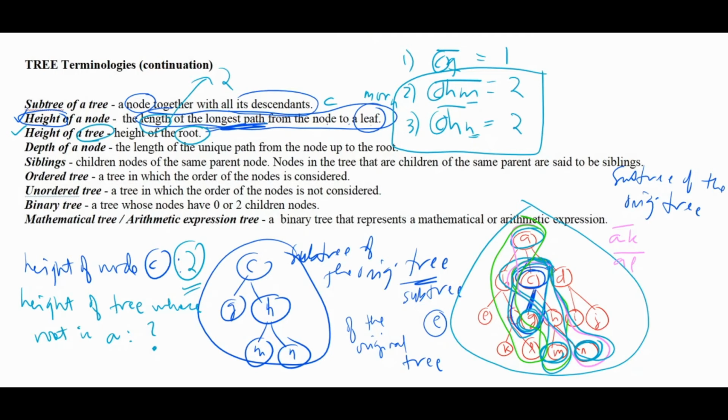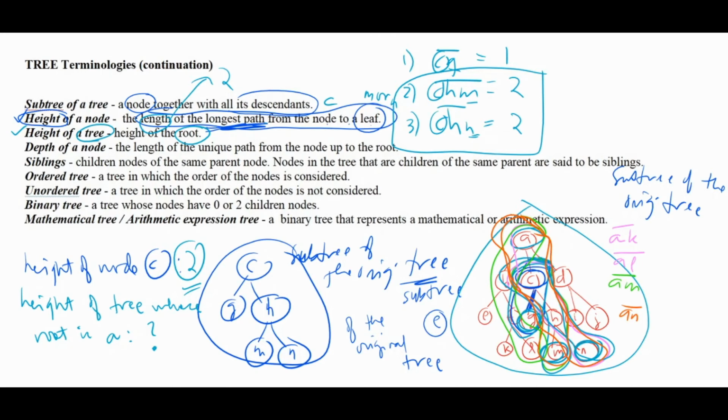And then A to M is from A to C to H to M. That's the path. And then the last one is A to N. A to N is from A, C, H, and N.